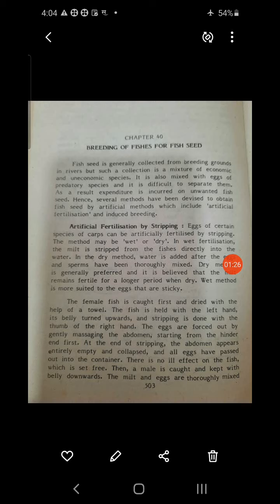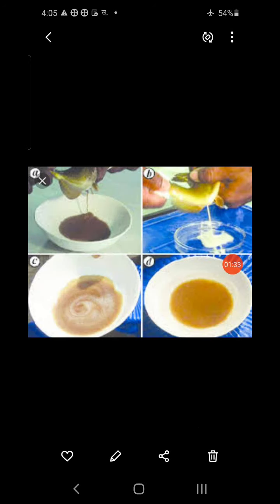Okay. So first of all, we see here the artificial fertilization by stripping. In this diagram, you can see the fish is held in a hand, and it is pressed on the belly region. Because of that pressing, the eggs from the female and the milt from the male fish come out, and it is collected in the bowl, and slowly the mixture is there.